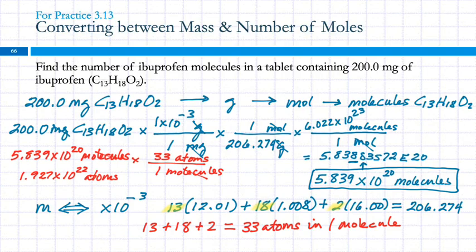Infinite. Yeah. I asked that because it was tricky. In one molecule, there are exactly 13 carbons, 18 hydrogens, and 2 oxygens. Because those are particles and they combine in that specific ratio and they're whole numbers.